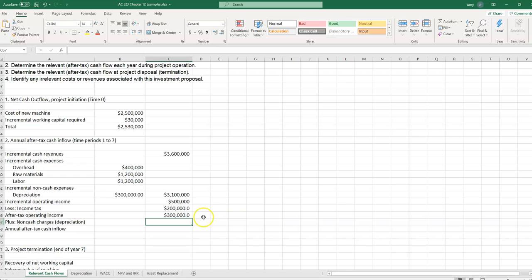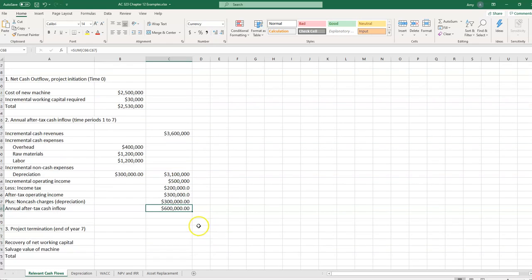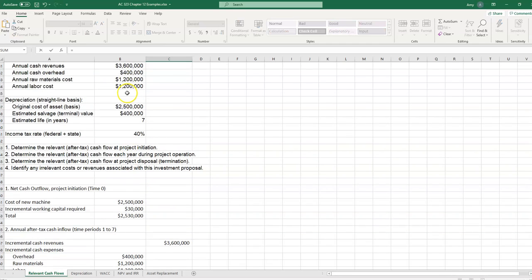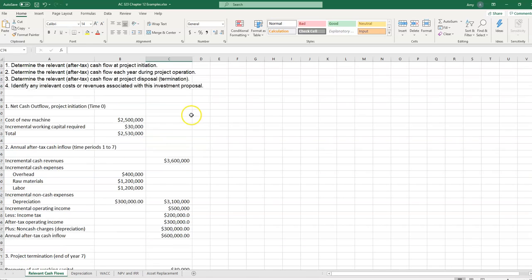We now add back the depreciation because depreciation is a non-cash expense. So we have annual after-tax cash flows for this project of $600,000. Then at year 7, we have the recovery of our working capital, $30,000.